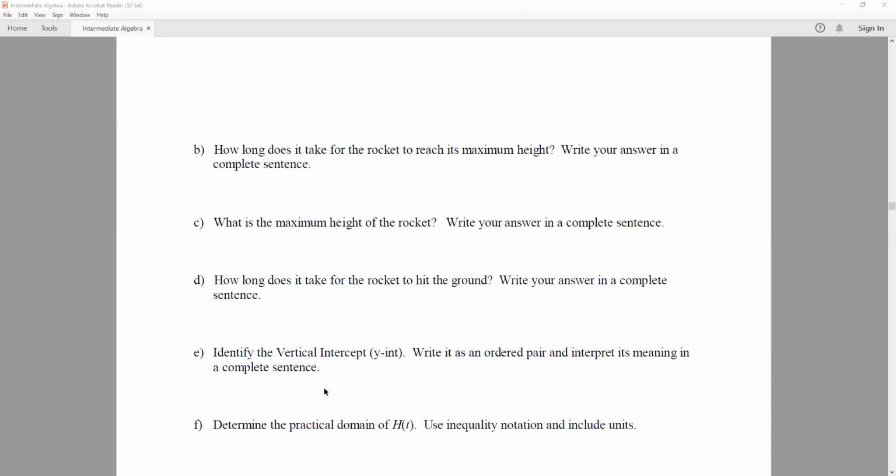Question 3 or D. For D, how long does it take the rocket to hit the ground? Remember, the rocket path was something like that, right? So we are looking at this part. That's where it hit the ground. And that was what? 8.02, the x-intercept.